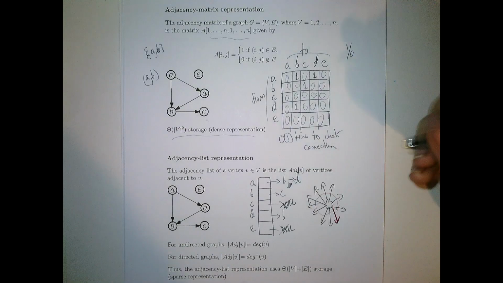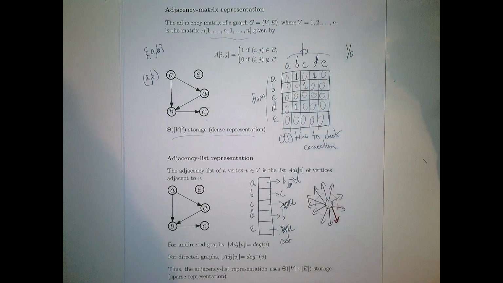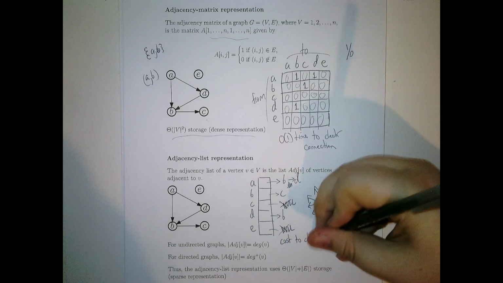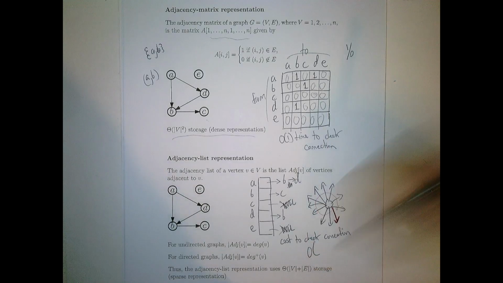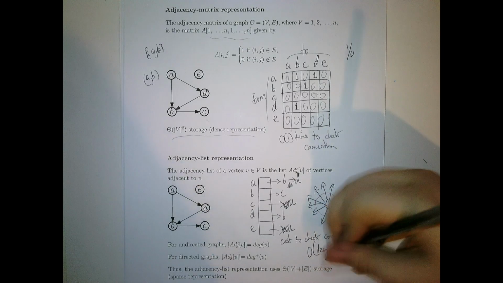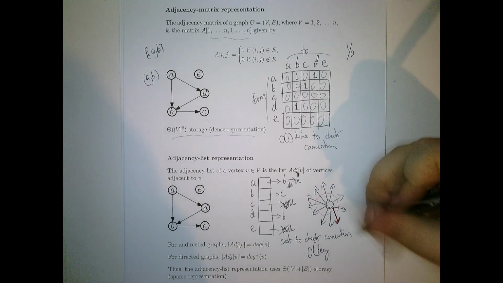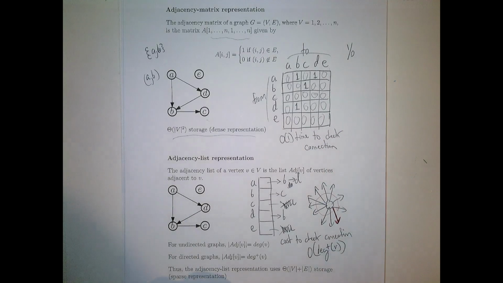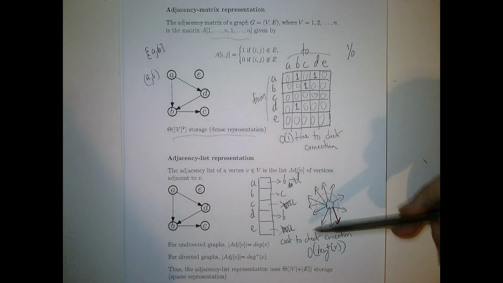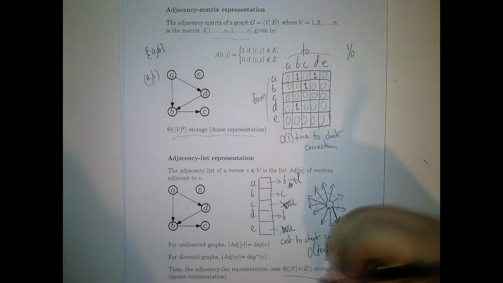So the cost to check connection and adjacency is now going to be big O of the degree of that vertex. And in particular, it's the outgoing degree. Remember I said out is what adds cost. So the outgoing degree is going to increase our cost to check. Okay, so we've traded away a little bit more time, but of course the benefit is storage.